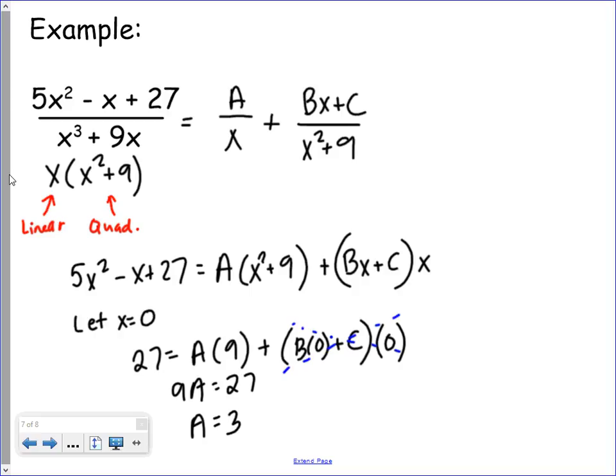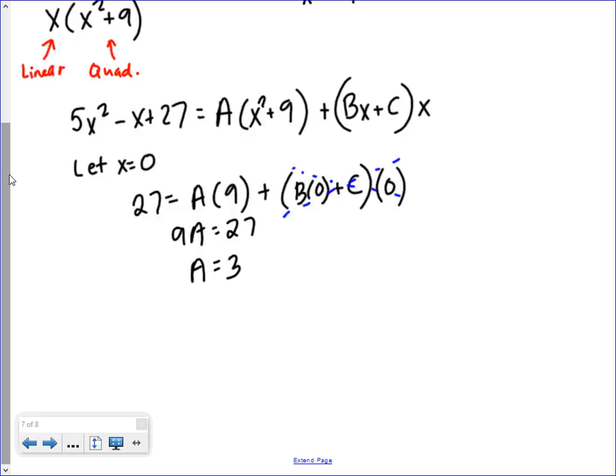Ideas for what to do next? Pick any number for x except for 0 and plug in a. Okay, so let's let x equal 1.